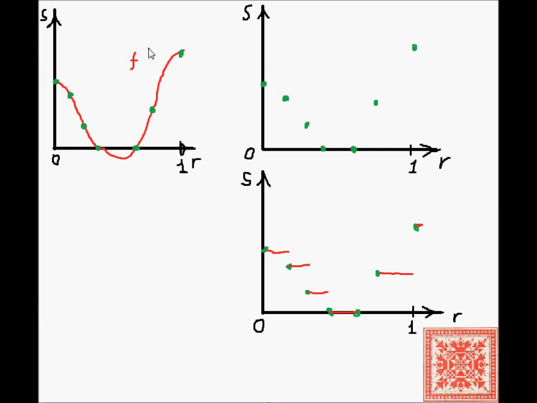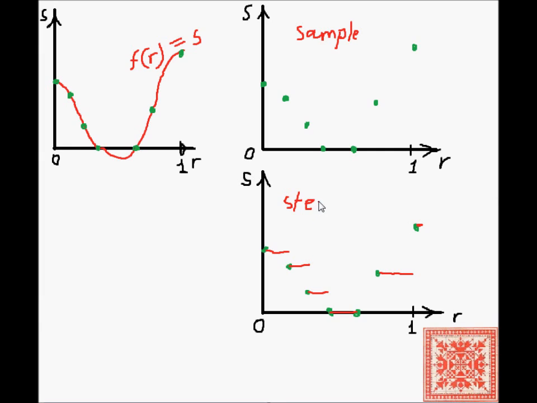Let's call it f of r, and it could be, let's say, a speech signal, or some sort of image signal, right? Light signal, or grayscale signal. So this is our sampling of that signal, and this is the step function, right?